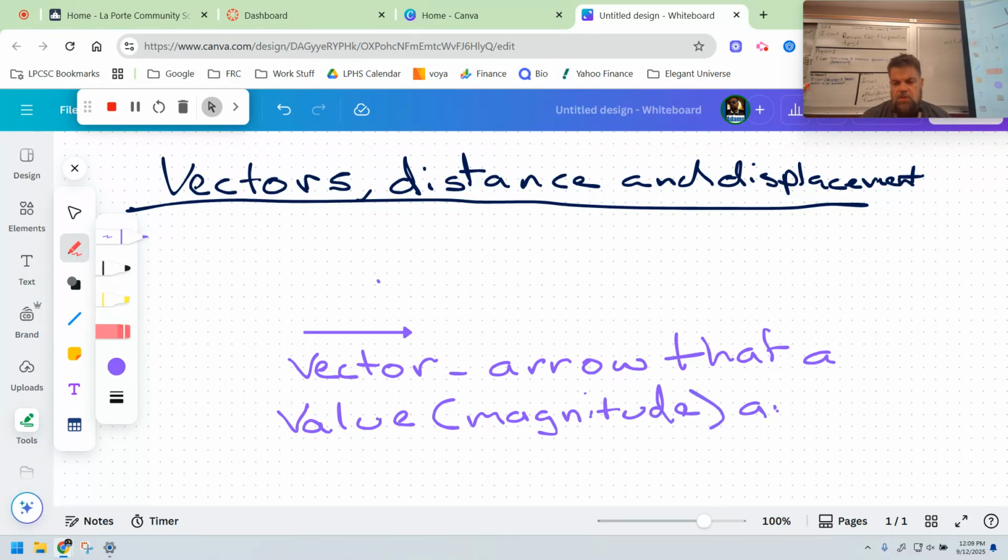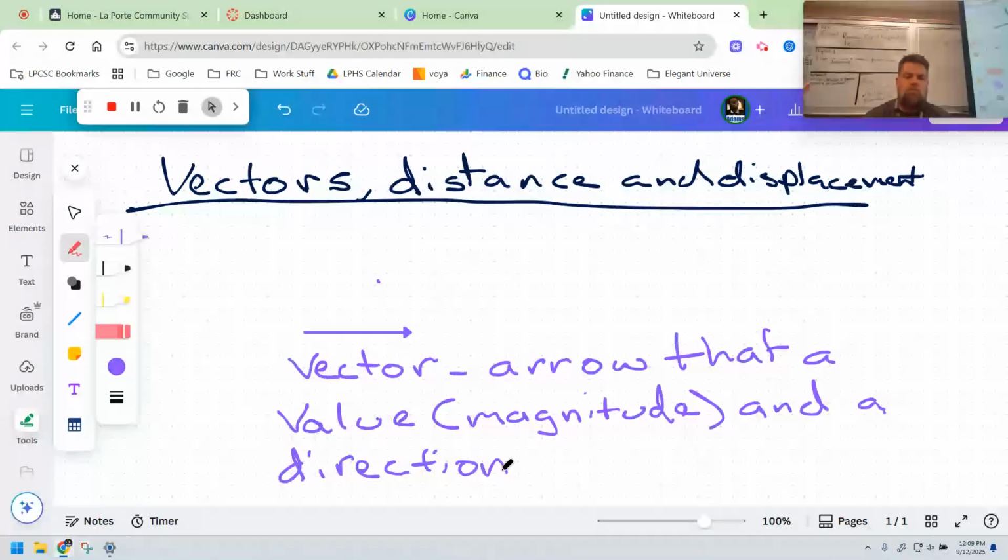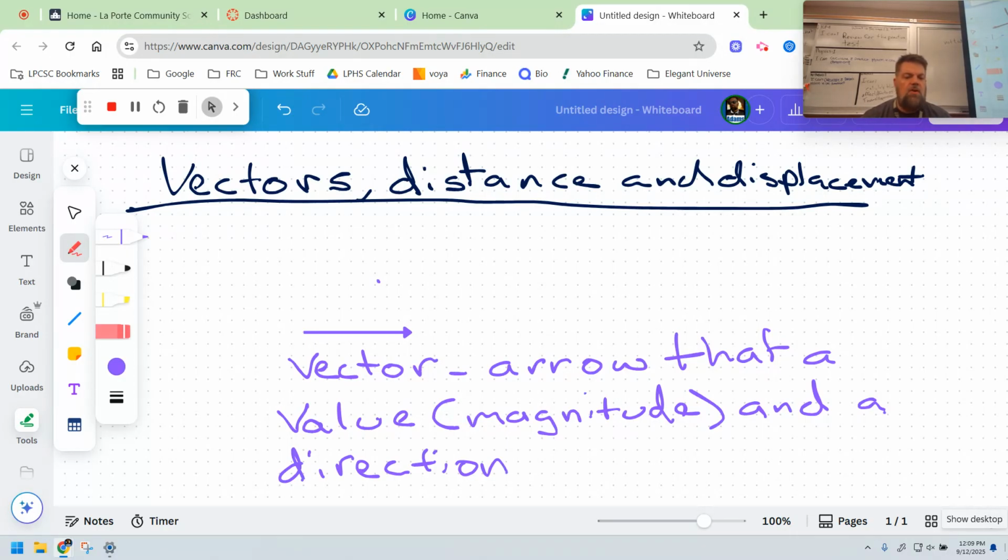And a direction. So a vector is an arrow that represents a value and magnitude and a direction.